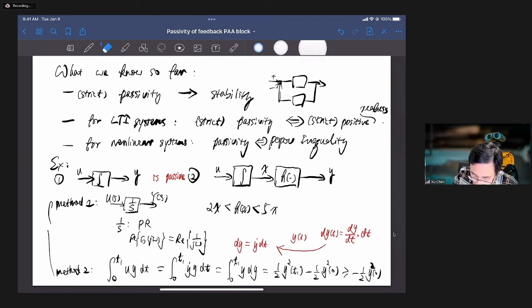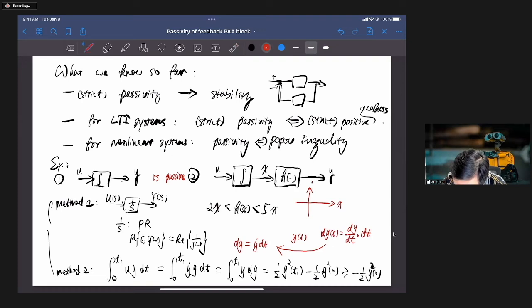That is for this part. Now we can take it as a fact: integration is passive. All right, so integration has dynamics inside, but it's a passive system. Let's take a look at this composition of two blocks, integration and the sector. This is called the sector nonlinear block. And in the graph, it looks like this.